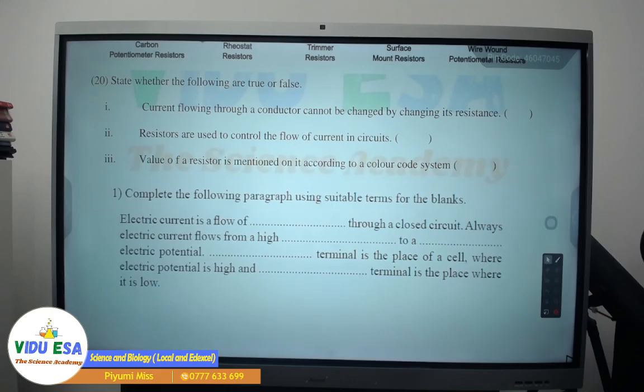Number of pins attracted before action: more pins. Number of pins attracted after action: less number of pins. Lastly, subjecting to a strong magnetic field. Number of pins attracted before action: more pins. Number of pins attracted after action: less number of pins.